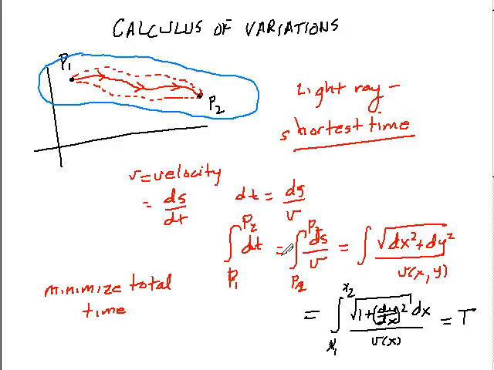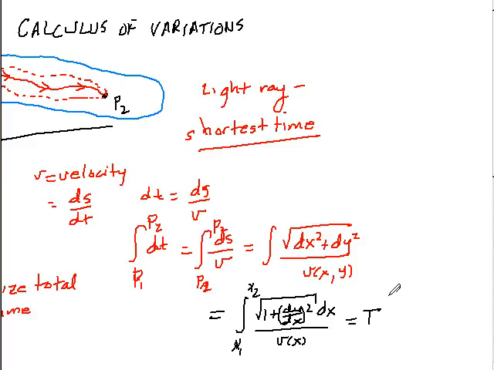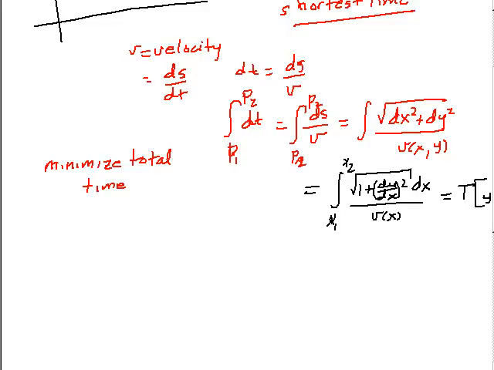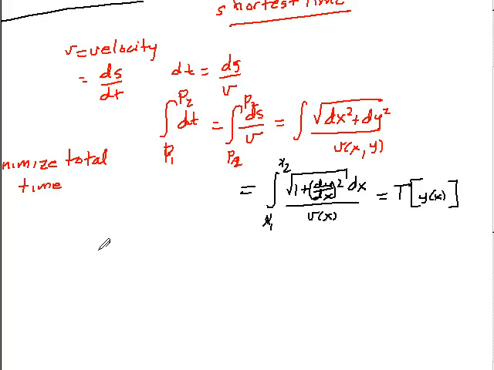So what I want to do is find the y, and this, after all, is a function y of x. So what I'd like to do is minimize T of y, minimize over all y's which are, say, continuous.